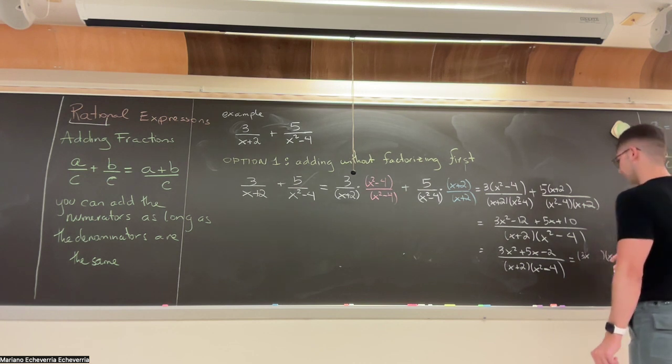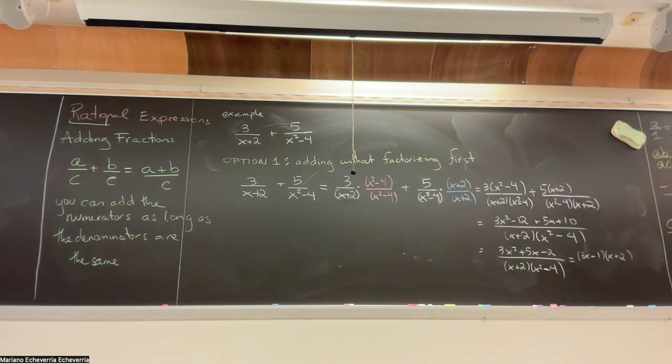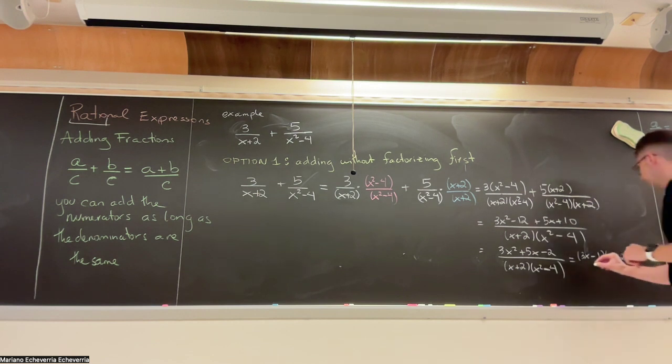Let me check if this is the one that works. 6x. This is correct. Okay, what gives you 3x squared plus 6x minus 2. Okay, so this is a factorization that's possible.